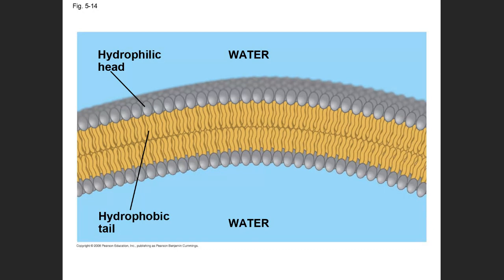The hydrophilic heads face outside to interact with water, and the hydrophobic tails interact with each other because they hate water. So the tails face each other to minimize contact with the water. And so this is why we have lipid membranes. They're made of phospholipids, right? The inside of the cell is watery, it's aqueous, and the outside of the cell is watery and it's aqueous. And so that's why cell membranes are made of phospholipids.